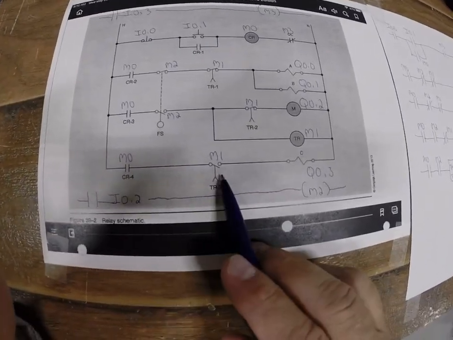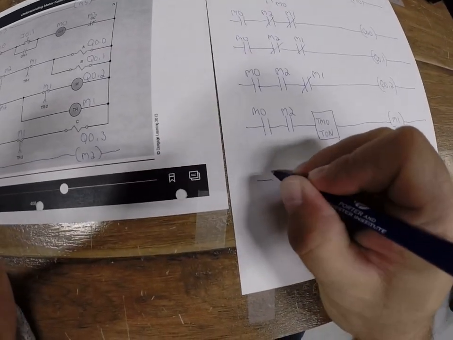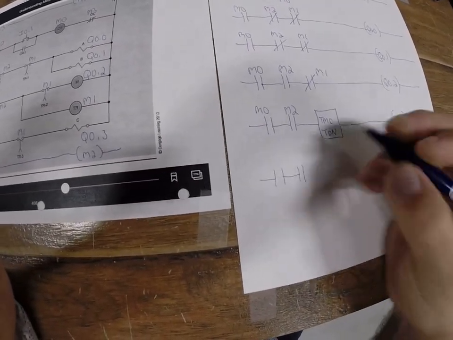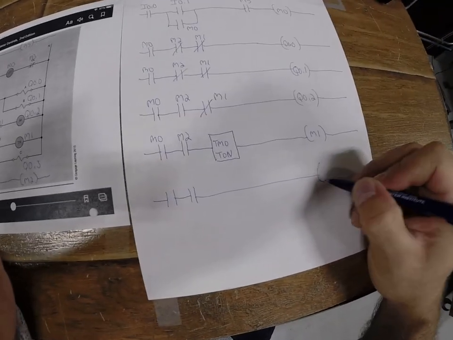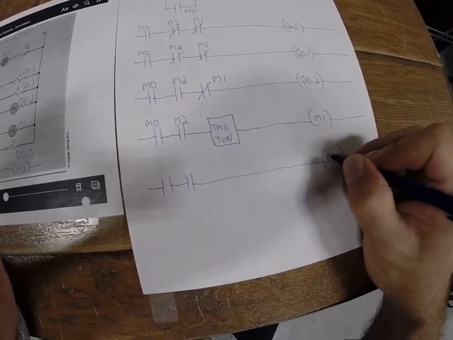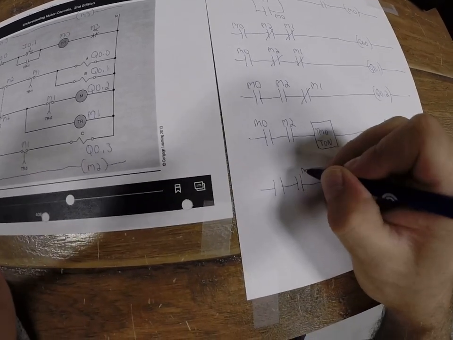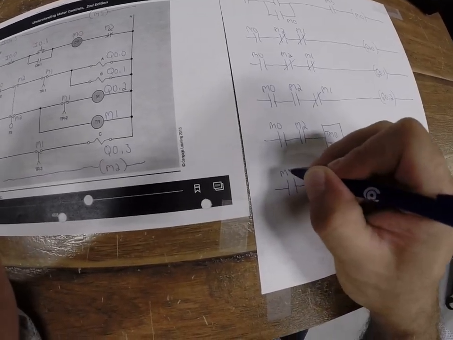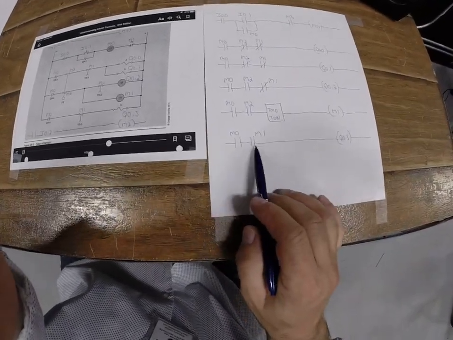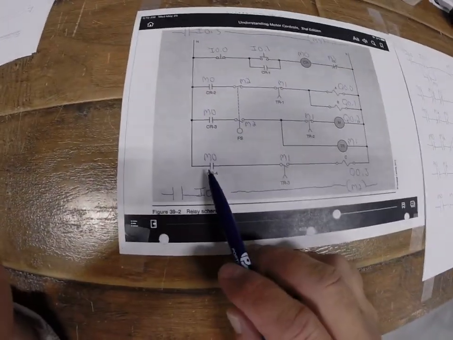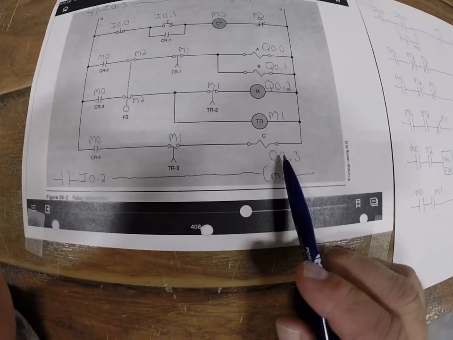So this will be open, open, coil. This is M1, this is M0, open, open, Q.